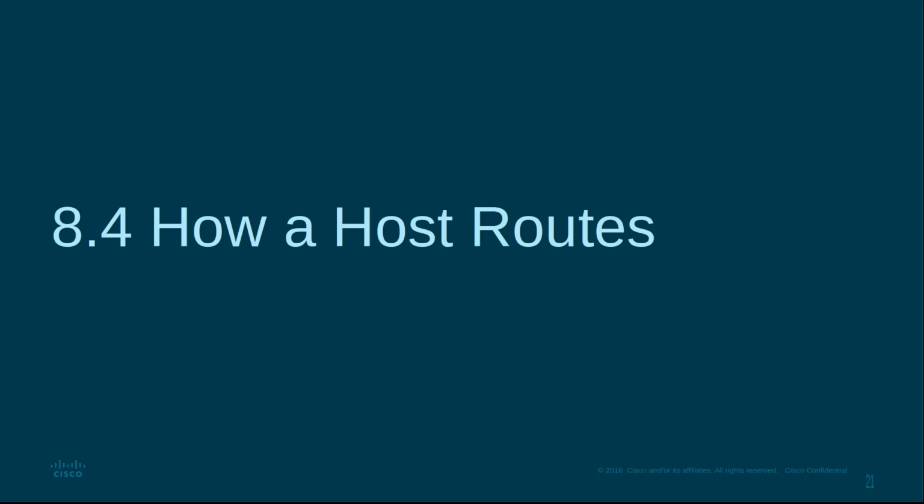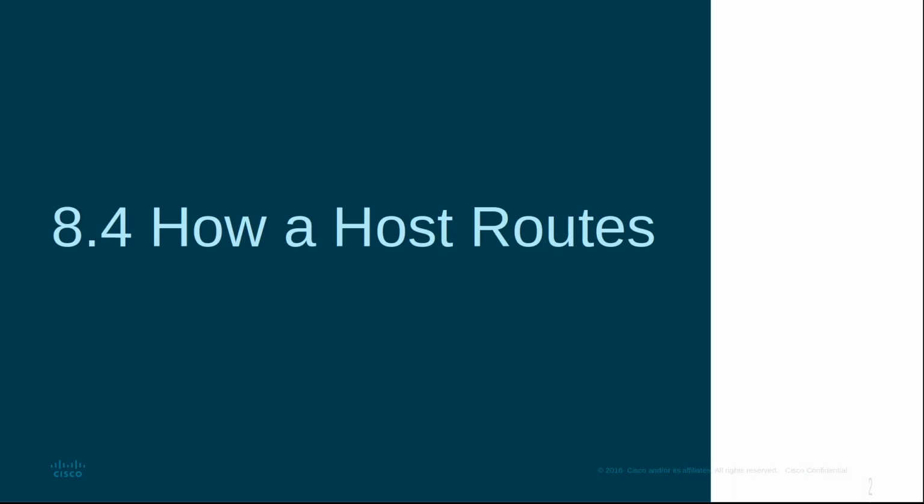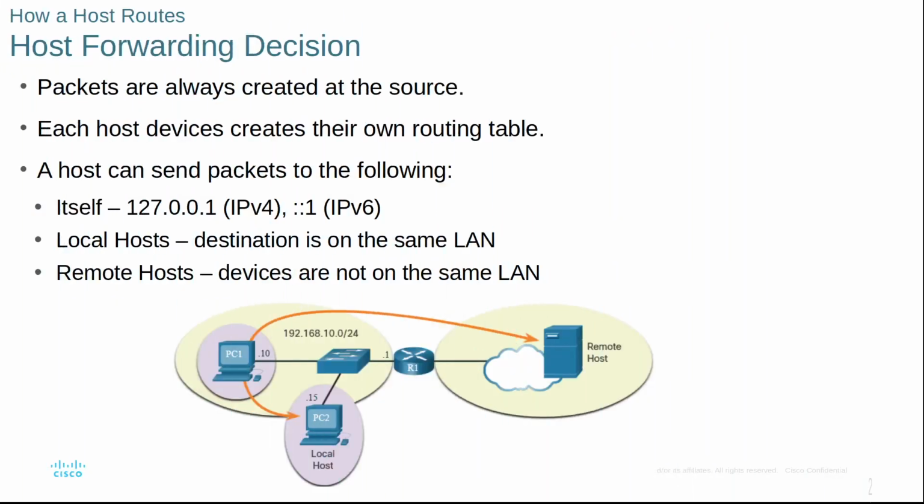So we're looking at how hosts route packets. Packets are always created at the source, at whatever device is initiating the traffic and sending it. Each host device creates its own routing table, and a host can send packets to one of 3 types of destinations.